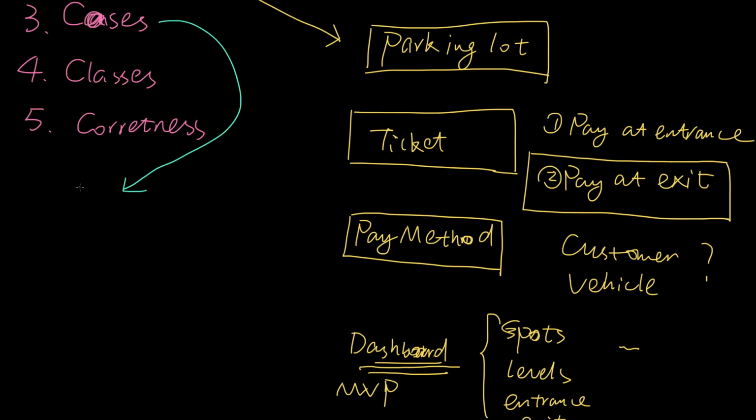If we look from the customer's angle, the customer will first drive the car and stop at the entrance, then press the button, and then the parking lot will give you the ticket, and then the customer needs to park the car, and so on and on. That is a valid one. But then we are dealing with the customer.